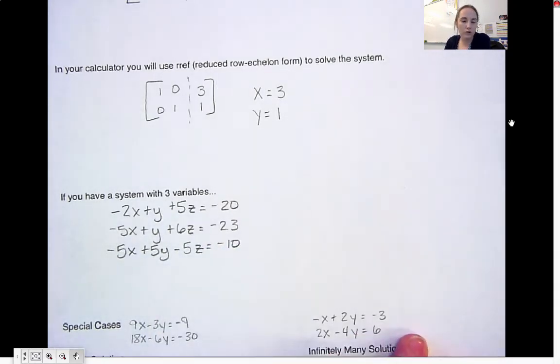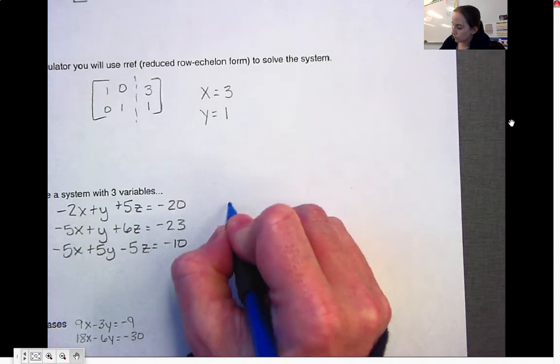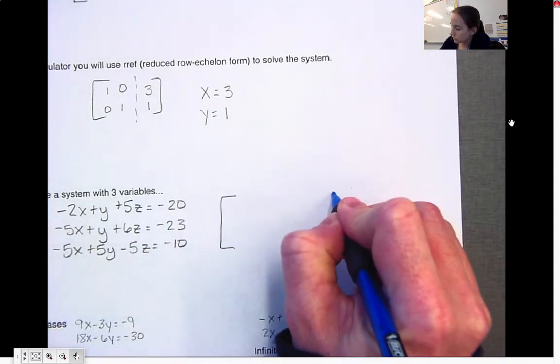Now, when we first started this unit, you guys had to solve this by hand, and so now you can use your calculator to put the matrix in there and solve it using reduced row echelon form. So what you'll do is you'll make your augmented matrix.